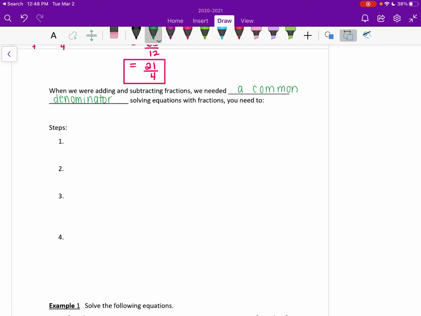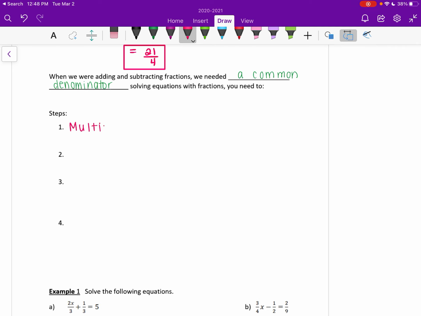The first thing you're going to do is you're going to multiply. I'm just going to write these out. So you're going to multiply every term. And I say term, even if it's not a fraction.